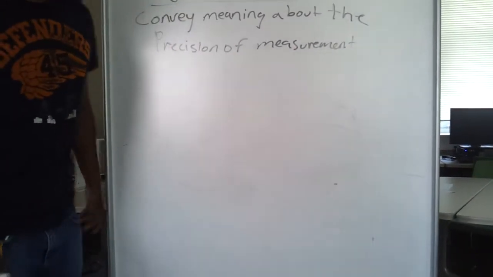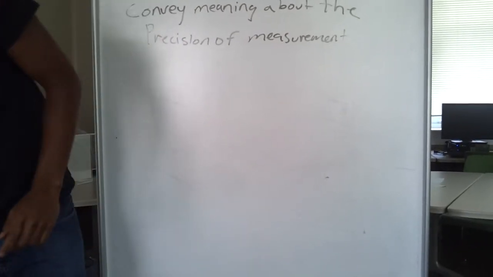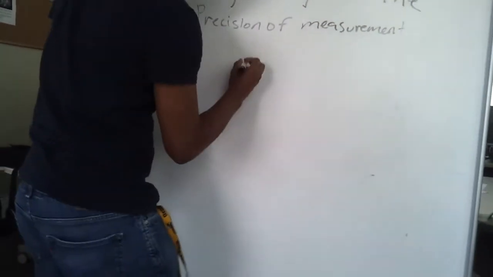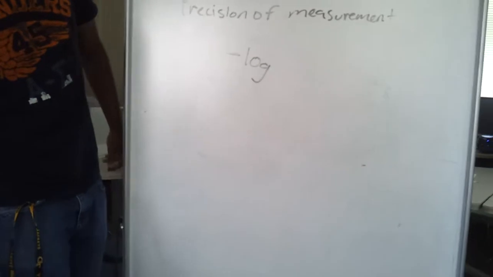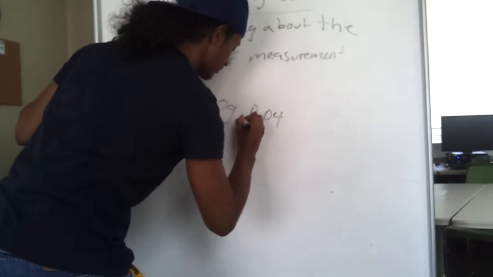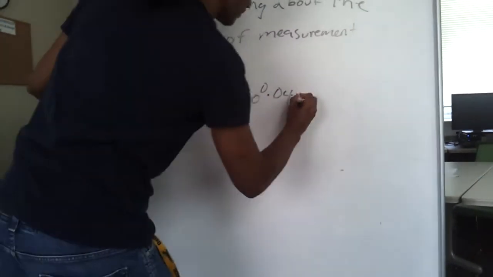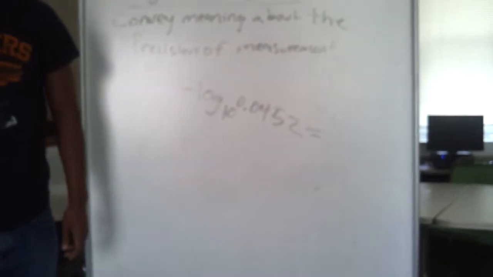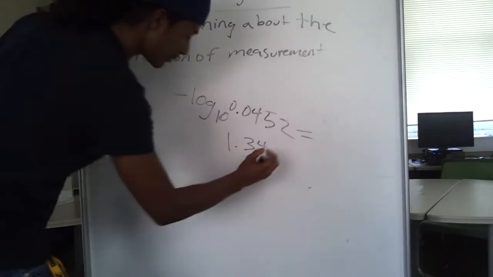Now, when we're working with logs and exponents, significant figures can often be looked at a little differently. We're given the number negative log, base 10. Once you evaluate this number right here, you'll be given around 1.345.